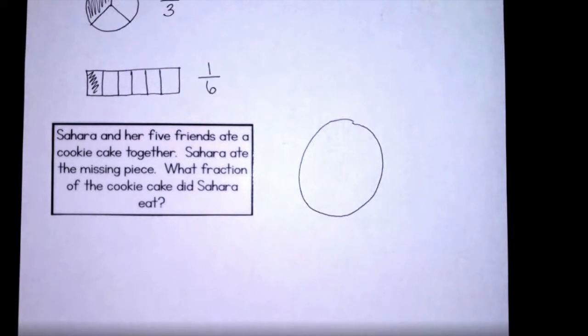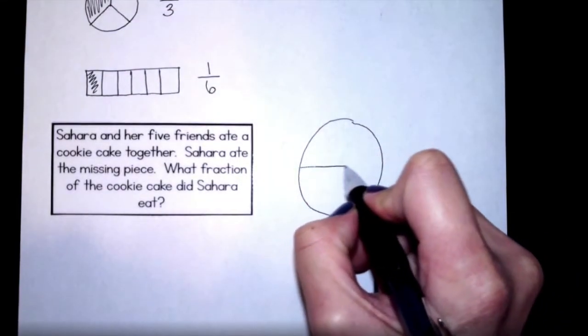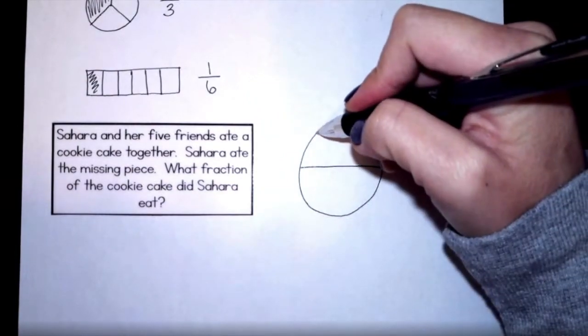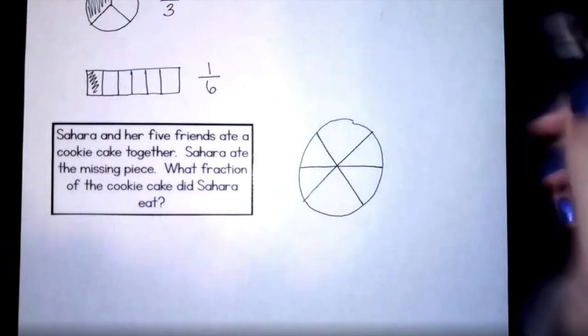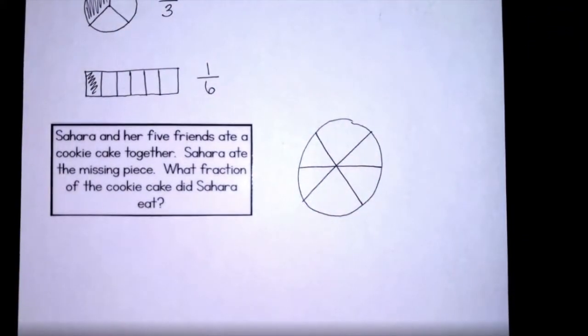So I've got to decide how I'm supposed to split up this cookie cake, right? So if she's got 5 friends plus her, that means there's going to be 6 people. So I'm going to divide this circle up into 6 pieces. It's like cookie cake, okay?